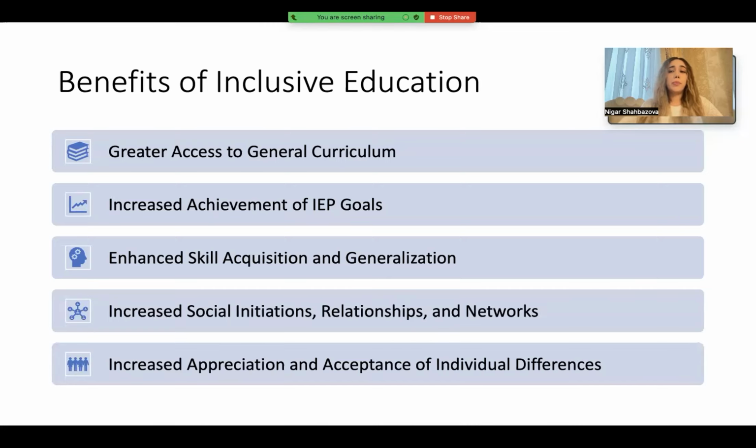They can foster empathy, communication skills, and they can interact with each other. It also increases appreciation and acceptance of individual differences. We know that not everyone is the same as others. They have different ways of learning, and sometimes they need accommodations to achieve their goals and their capabilities.